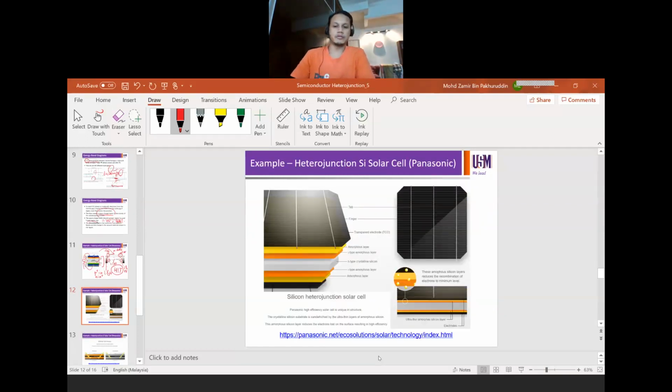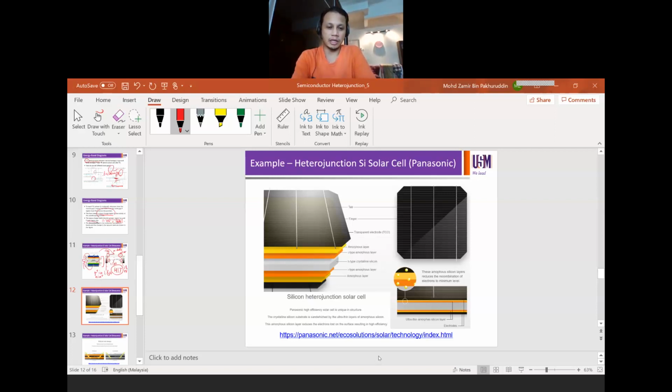So if you look at this device, it looks something like this in actual case. Cuma ni dia punya grafik lah. But from the oblique view on the left hand side, and the top view on the right hand side, it looks something like this. You can see the metal contact here.